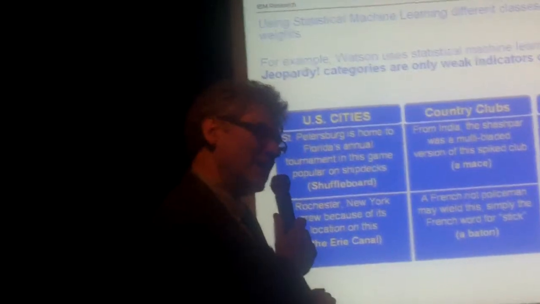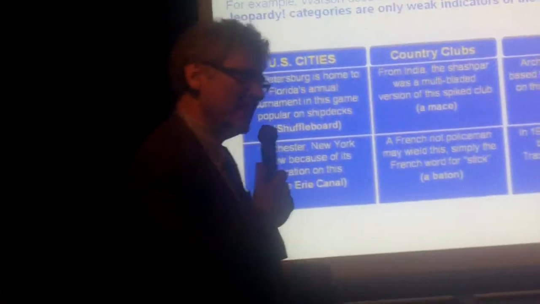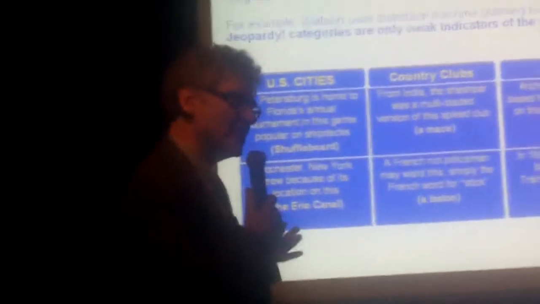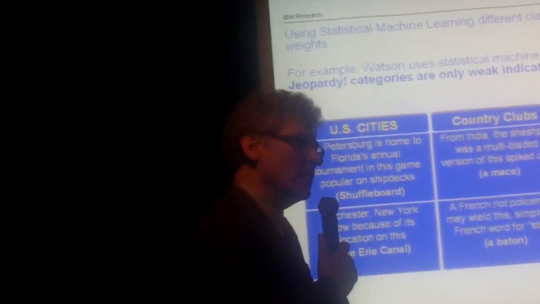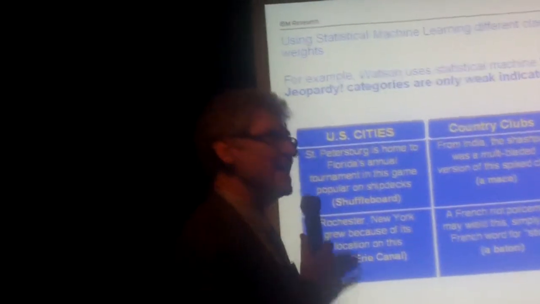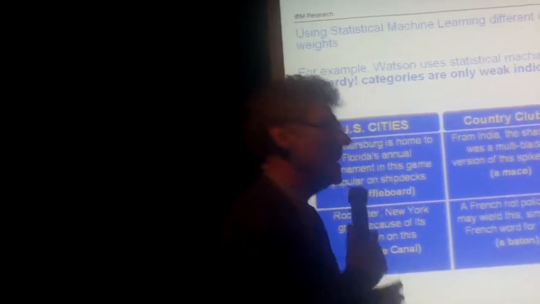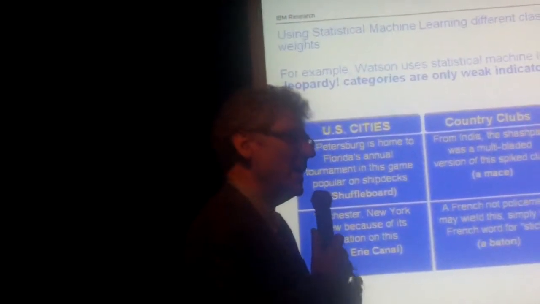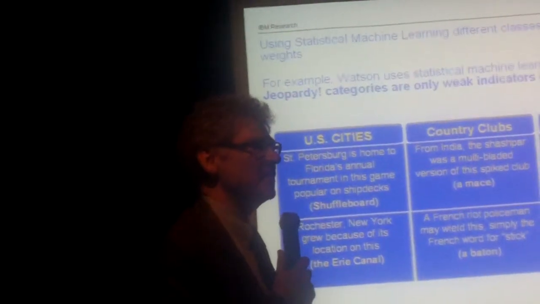Did any of you see the game yesterday? Yes. What happened yesterday in Final Jeopardy was the category we knew as US cities, but the answer that Watson gave was Toronto, because it had learned, in general, it happened not to be good for this particular question, but in general, the category is not a reliable determiner of the type of the answer.